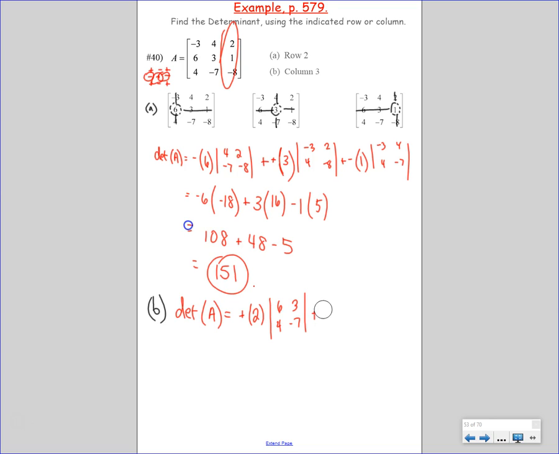Now I'm going to do a negative, because of the placement, times 1. Eliminate. Negative 3, 4, 4, negative 7. I'm going to do a positive times negative 8. Negative 3, 4, 6, 3. Good thing we have a second day. But do you get the idea?